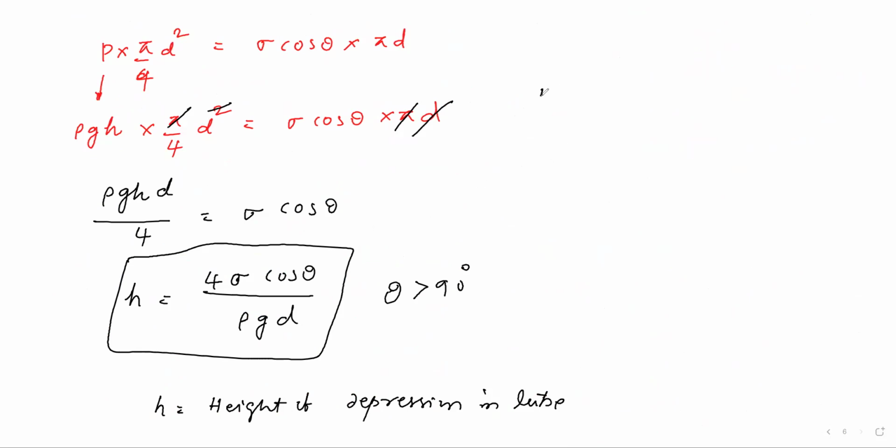And again here there is a note point, very, very important. The note point is the value of theta. Here which liquid we have considered? Mercury, right?